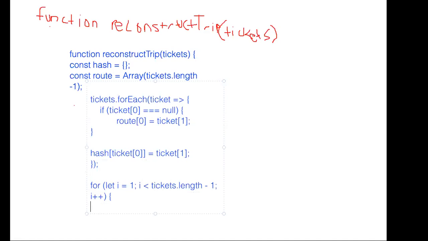And then we'll take the route at index i and use this hash, route i - 1. And then return that route. Can you see that on the screen, or is it not showing? Yeah, I see that. Okay, cool. Return route, and then close that.